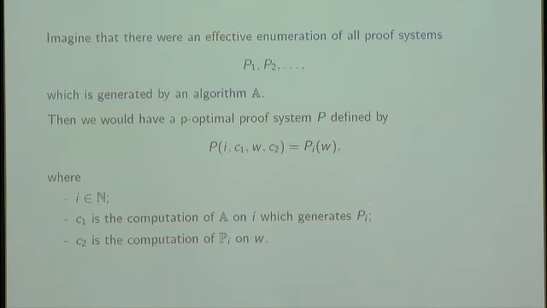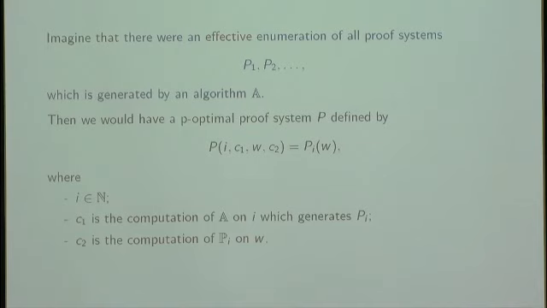It will output P_I(W) in case I is a natural number, C1 is the computation of A on I, which generates P_I, and C2 is the computation of P_I on W. So altogether, you can see P is polynomial-time computable, and moreover, every proof system, because you enumerate all of them, can be simulated by P in polynomial time by a polynomial translation.